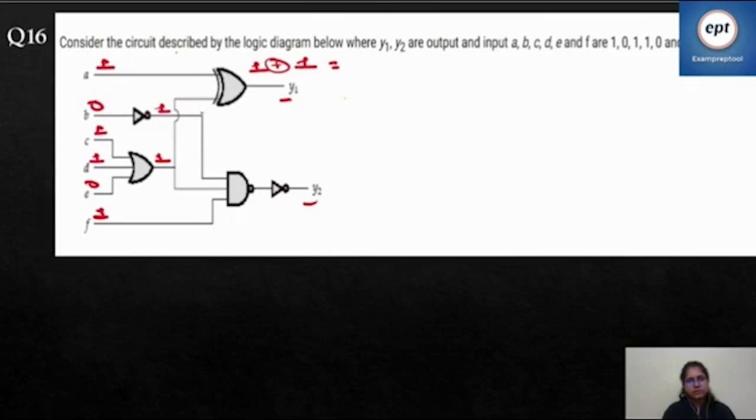The inputs here are 1, all ones, so it will be 1, and the NAND gate output will be 0, and the NOT gate answer will be 1.